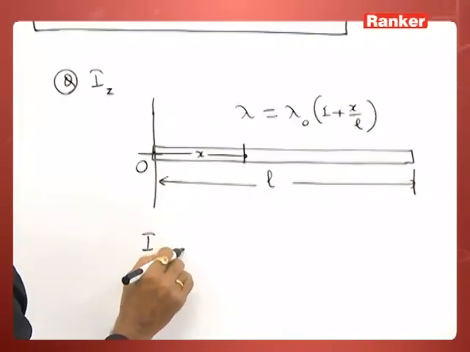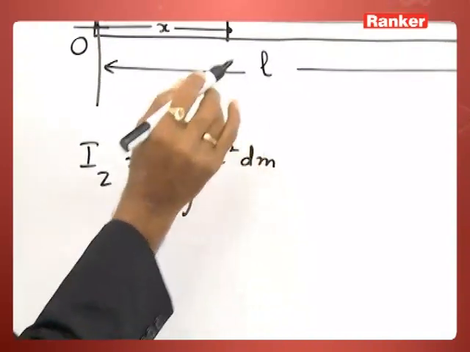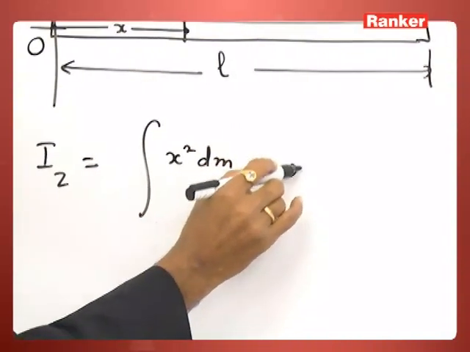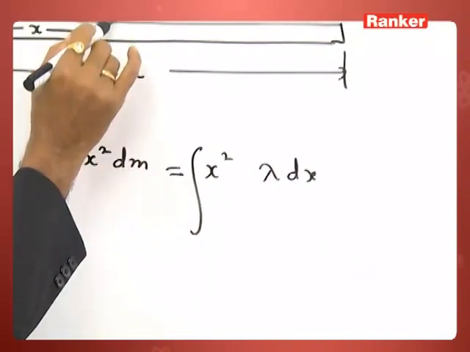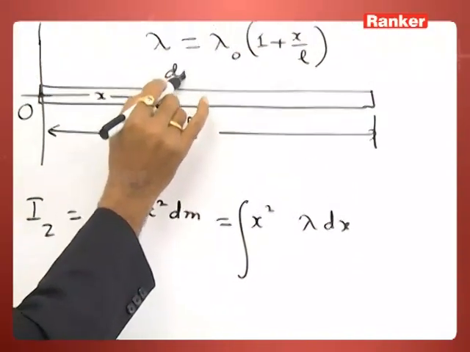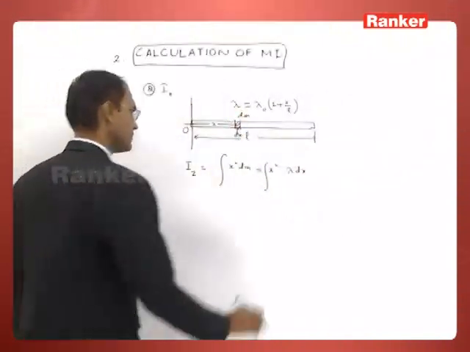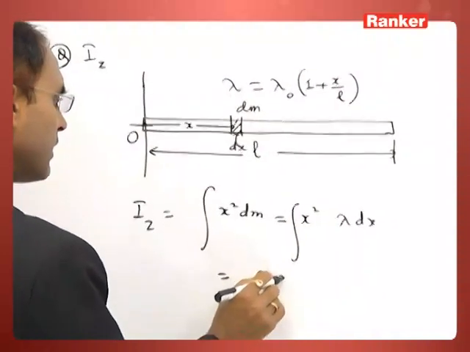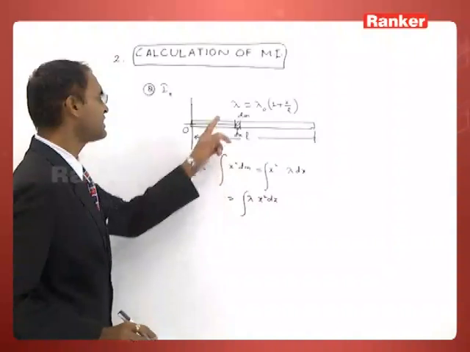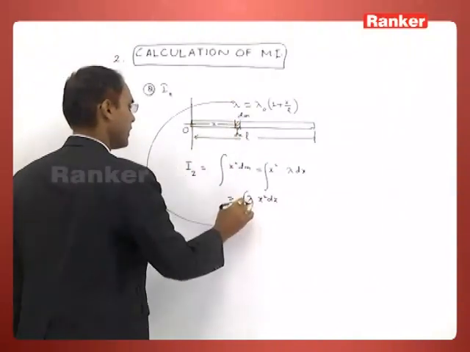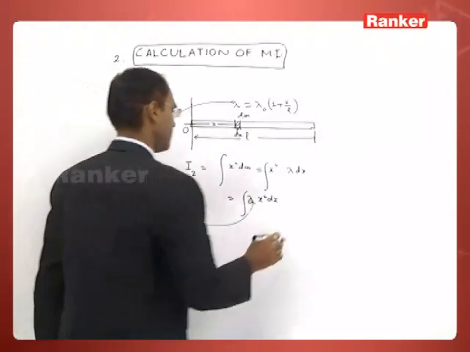Iz is equal to the integral of x square dm, and dm is equal to lambda dx. So lambda x square dx. Since lambda is not uniform, you cannot take it out of the integral.